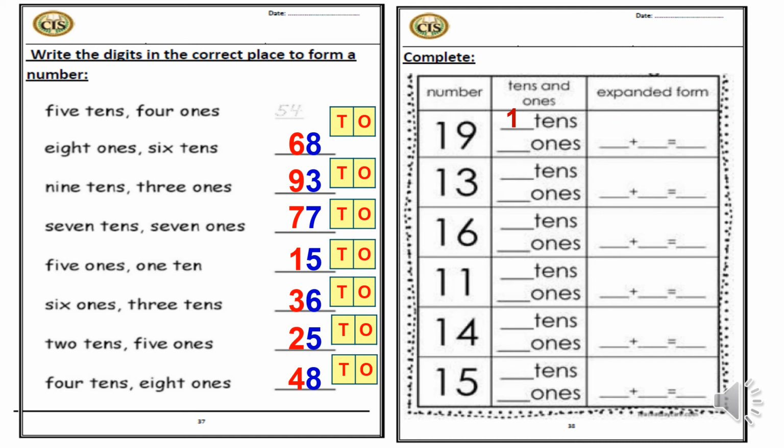In ones, 9. To put them in expanded form, we want to know the value of 9 in ones. The value of 9 in ones is 9. The value of 1 in tens is 10. So 10 plus 9 equals 19.